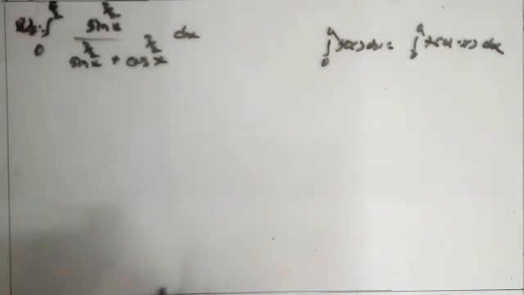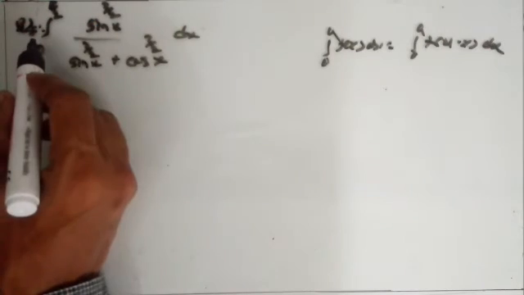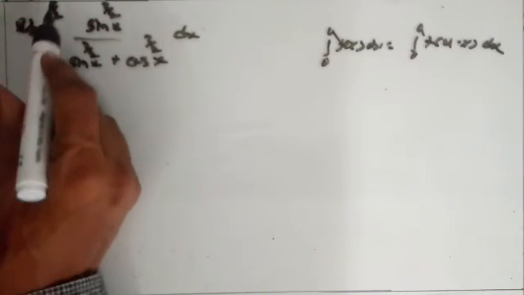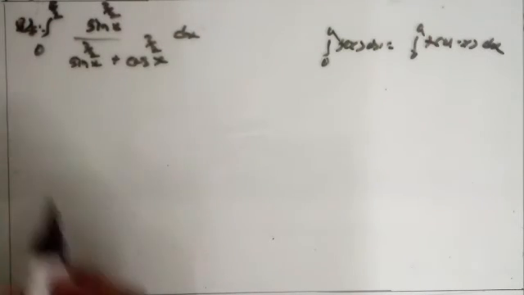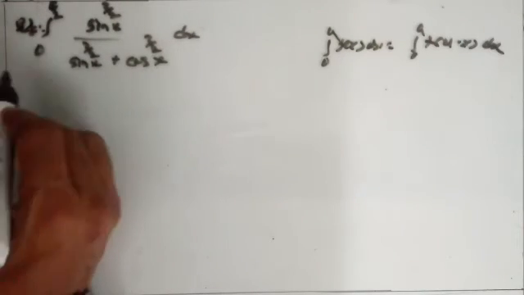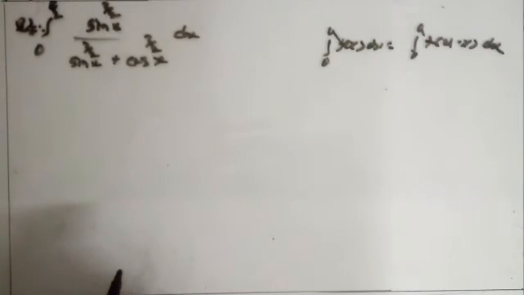Now take the addition of first and second, we get 2 times I is equal to 0 to pi by 2 of 1 dx, and the integration of 1 is equal to x. So 2I is equal to pi by 2, so I is equal to pi by 4. Solve yourself.